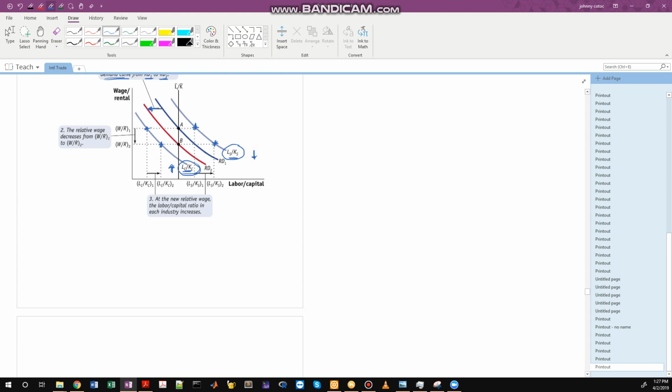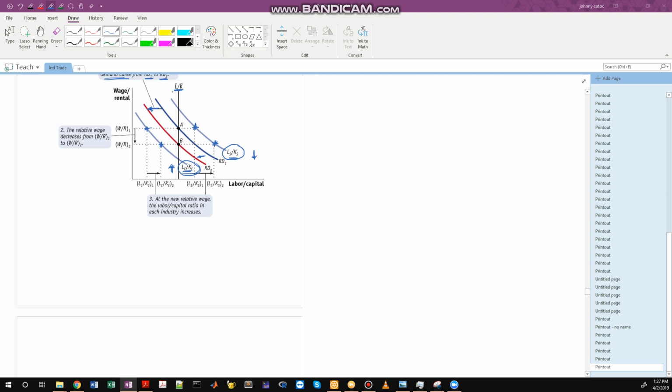So now the middle line is going to shift to the left. And as this middle line shifts to the left, which is the labor demand, the labor supply for the country remains the same, because there is no movement of capital or labor across countries.